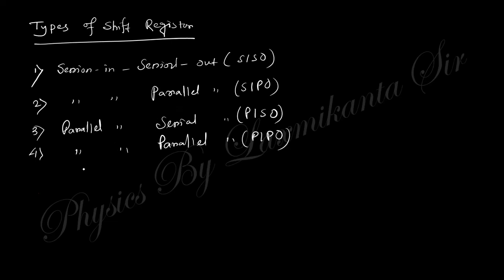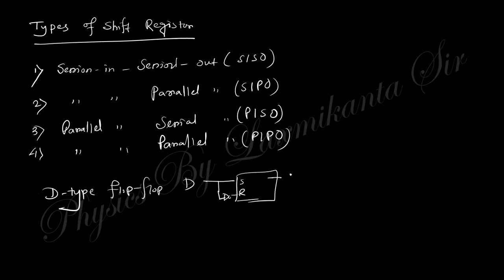These four types of shift register are actually made by D type flip flop. You know the D type flip flop, that is an SR flip flop connected by a NOT gate, and you know this Q and Q bar.